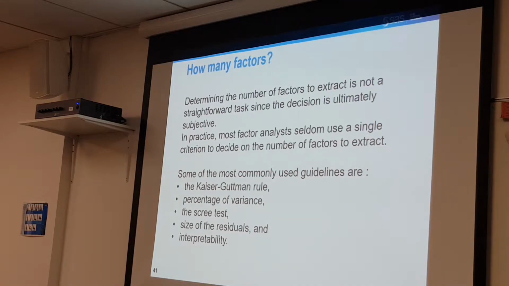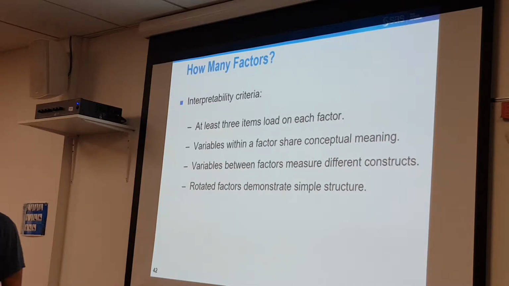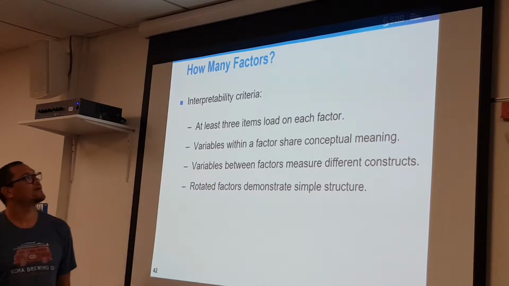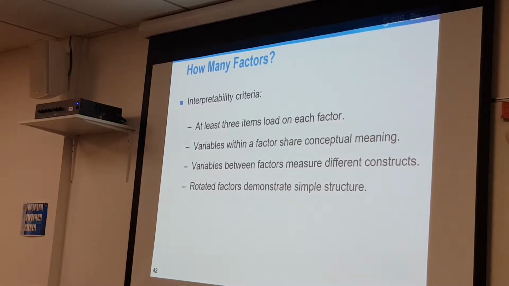Look at the size of the residuals, and look at your interpretation. The idea of interpretability is that you should have at least 3 items loading on each factor. Remember, your factor is your latent construct, which means you should have at least three variables heavily loaded on it that you have actually observed.